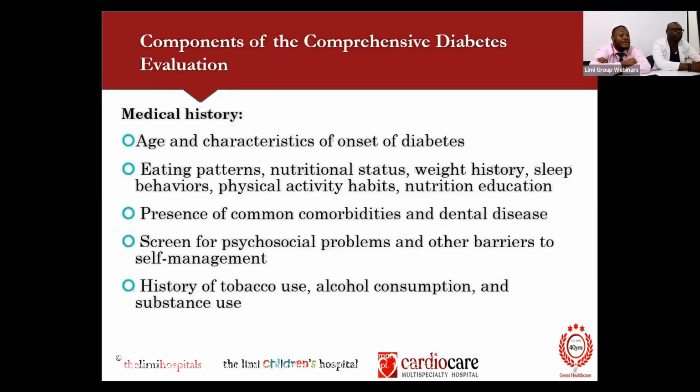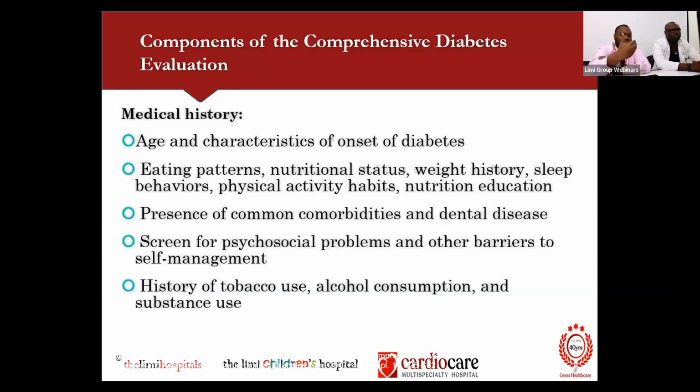It's very important to know the age and the characteristics of onset of diabetes. Knowing the age gives you some guidance, even on the diagnosis of diabetes. So at what age were you first diagnosed, or at what age did you first have symptoms? Also, you want to ascertain the patient's eating pattern because that will give you some guidance when you are going to counsel the patient on nutrition.